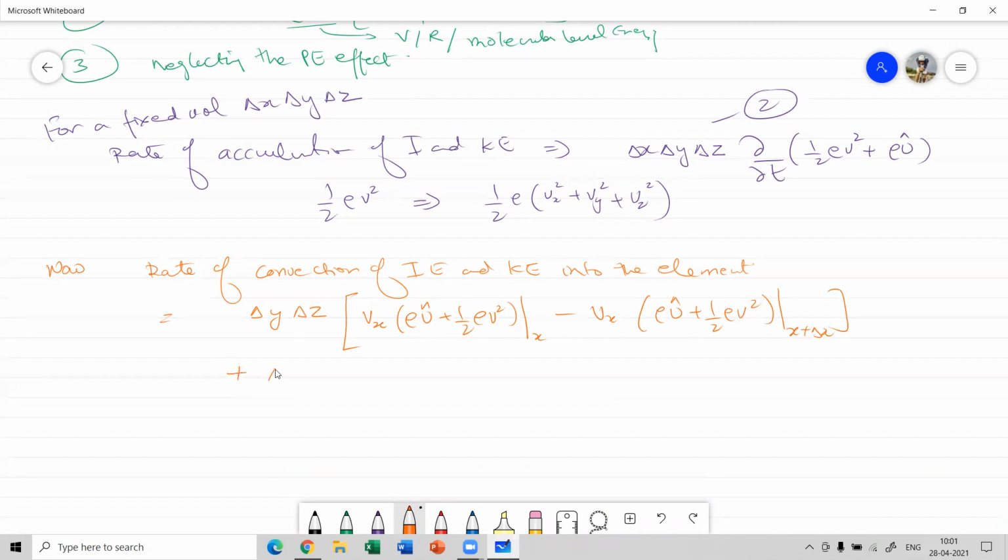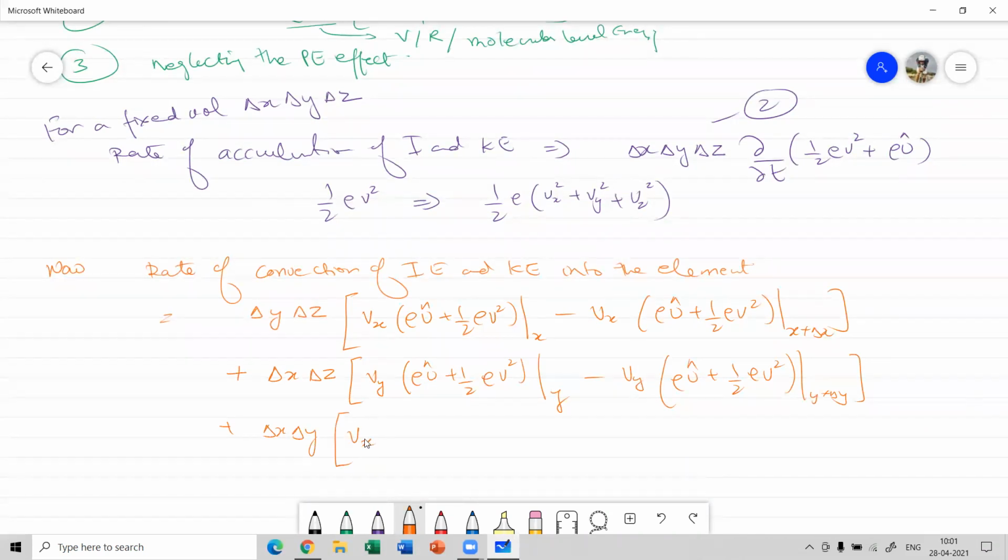Similarly, we are going to add the other two components for y direction and z direction. So delta x into delta z into Vy of (rho u cap plus half rho v square) at y, minus Vy of (rho u cap plus half rho v square) at y plus delta y, and in the z direction, delta x into delta y into velocity in the z direction, Vz, into (rho u cap plus half rho v square) at z, minus Vz into (rho u cap plus half rho v square) at z plus delta z.